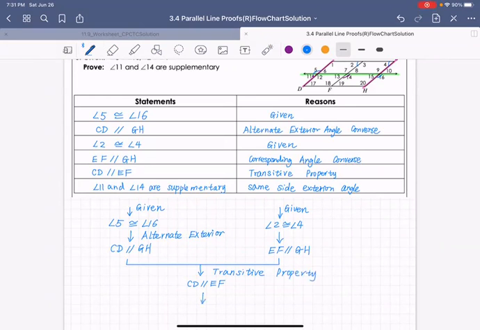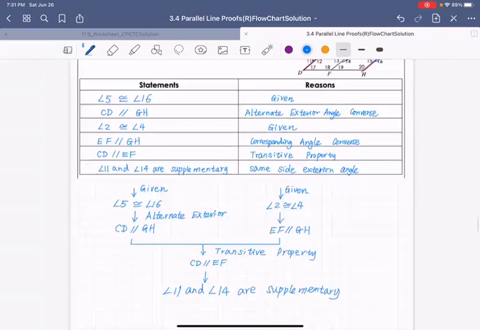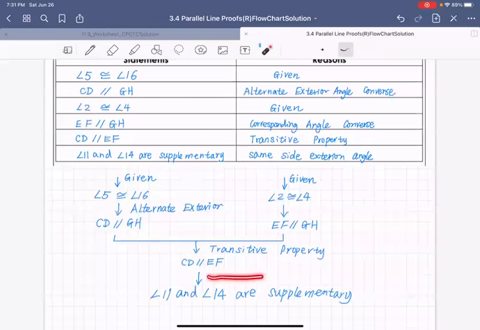Next. Angle 11 and angle 14 are supplementary. Very good. How do we get the reason here?